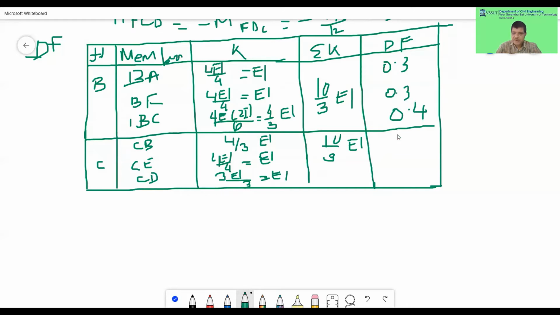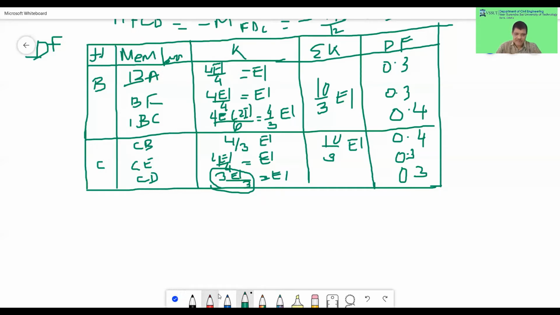Similarly, it is 0.4 for this span and 0.3 here. We can calculate these distribution factors, but you have to see that all are 4I by L or 3I by L. And for span BC, you have taken the appropriate value of I, that is 2I.